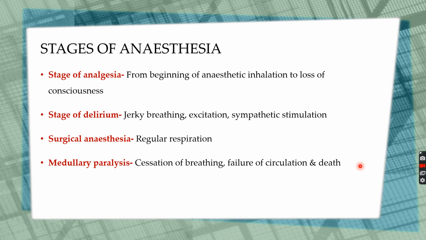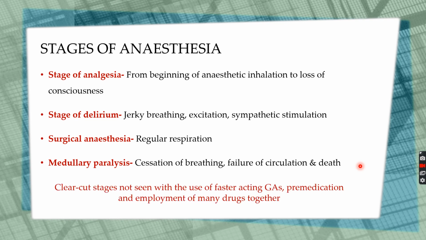That is, one stage slowly eases on to the other stage, so you cannot exactly make out the difference between one stage and the other. As I said, there are no clear-cut stages seen with the use of the modern general anesthetics. Also, these stages have been removed with the use of pre-medication and when we give too many drugs together.